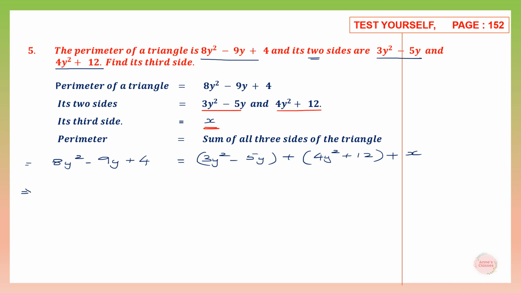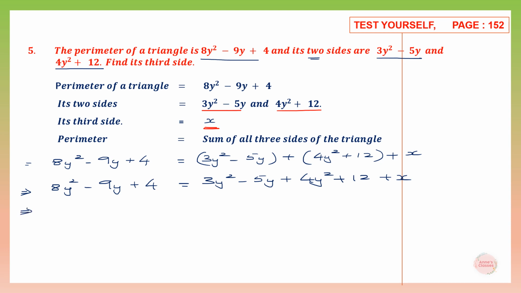So first, let's write 8y square minus 9y plus 4 is equal to, here let's open the brackets because it's plus, no change inside. So this becomes 3y square minus 5y plus 4y square plus 12 plus x.